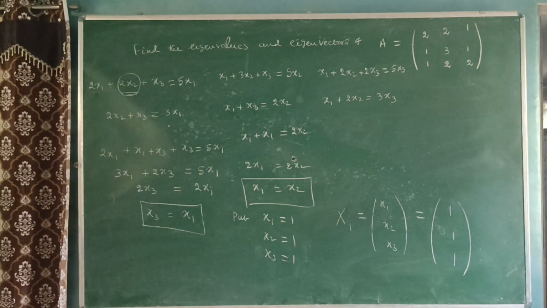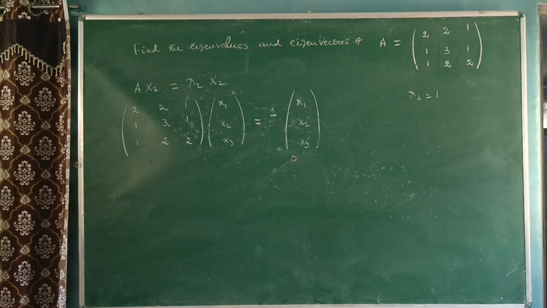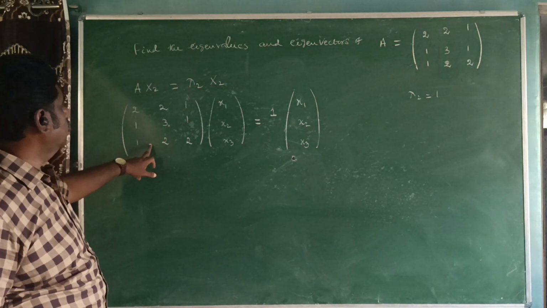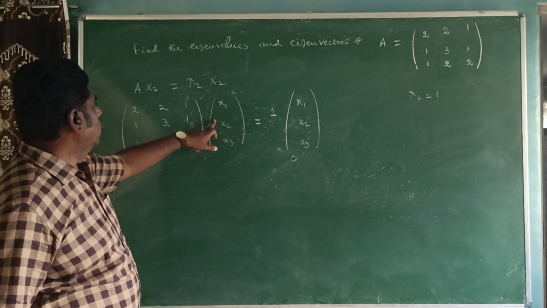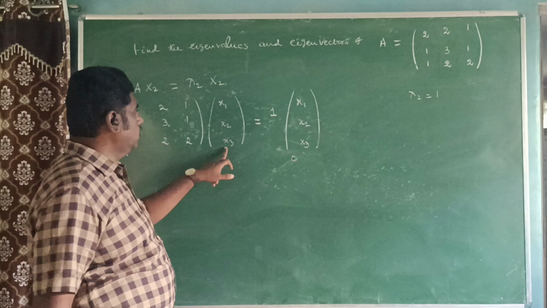Now we have to go for the next eigenvalue, lambda 2 equal to 1. Use the general formula A into x2 equal to lambda 2 into x2. A matrix is here. Once again, we have assumed the value of x2 as small x1, x2, x3, which is a column matrix with 3 elements.